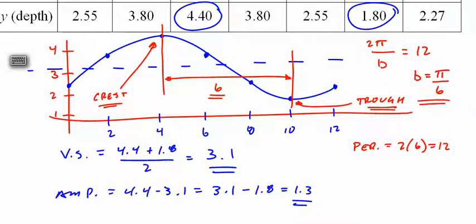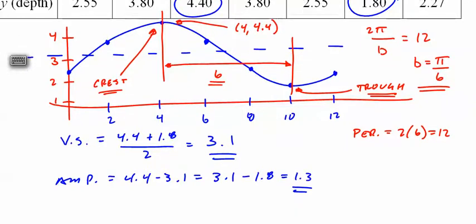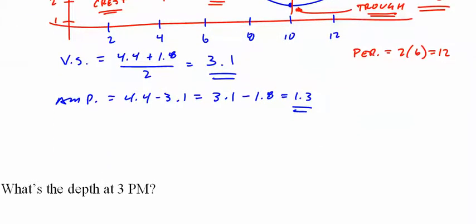Remember, we're trying to set up an equation here. Just for future purposes, this point is 4, 4.4. And we need that because we've got an equation set up quite nicely. Y equals 1.3, we'll go with sine. Just figured this one out, pi over 6.